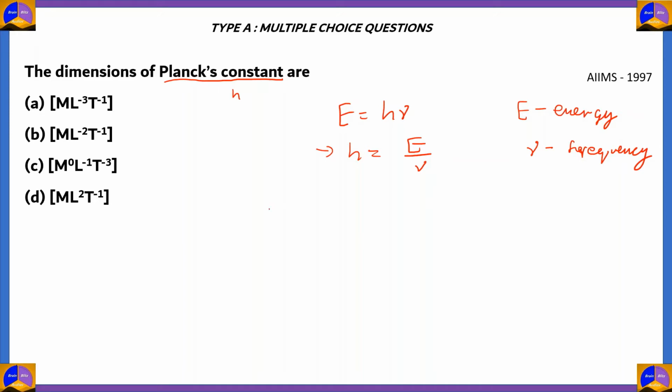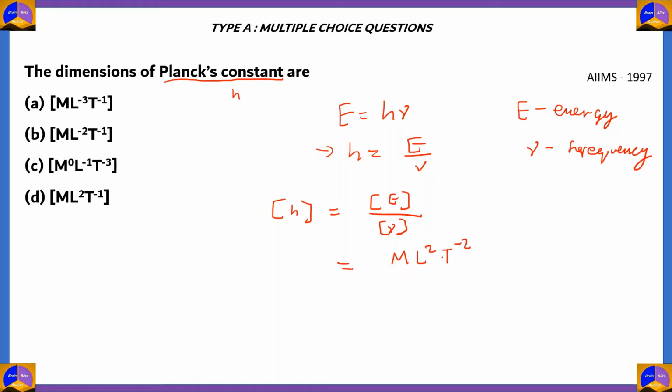So the dimensions of the Planck's constant will be equal to the dimensions of E divided by the dimensions of nu. Energy's dimensions are M L square T power minus 2.